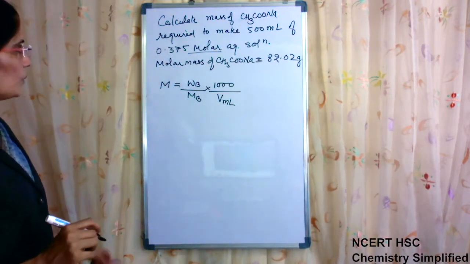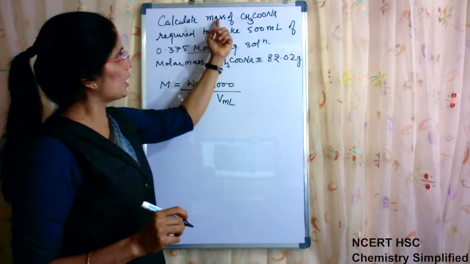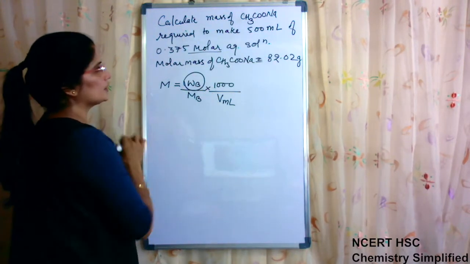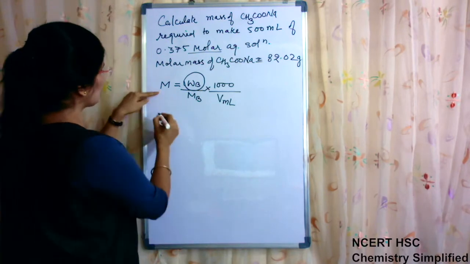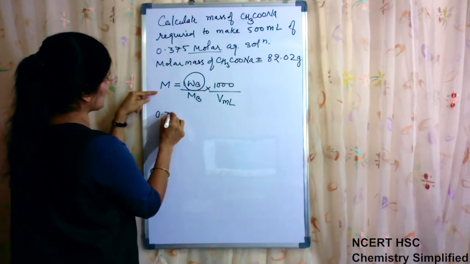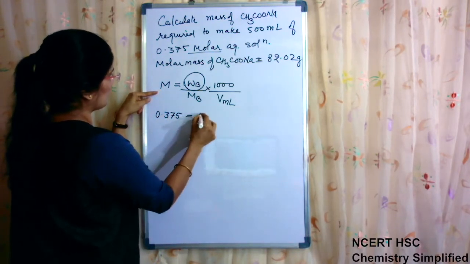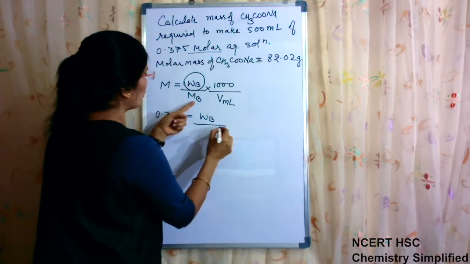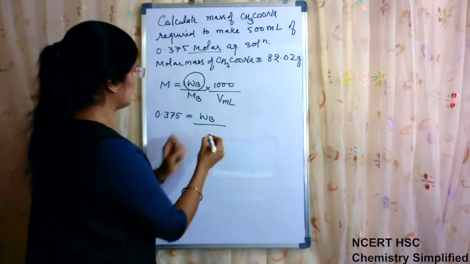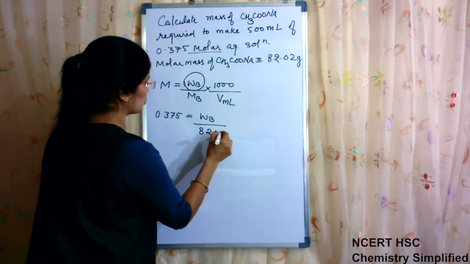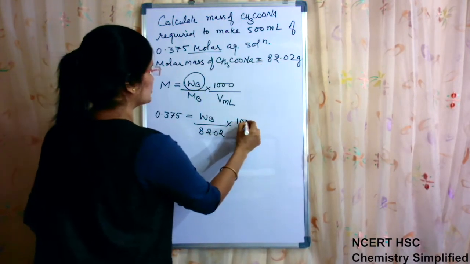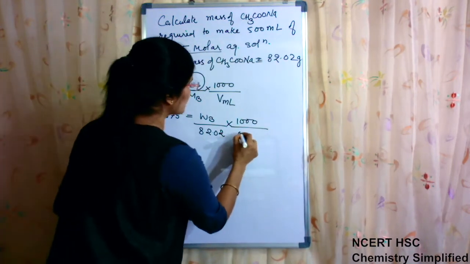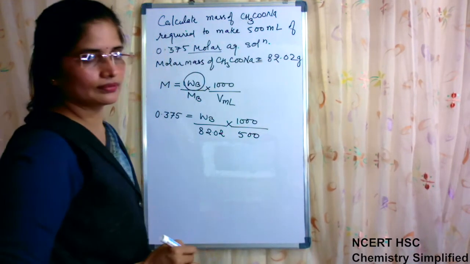Now what they are asking is the mass of sodium acetate, so we require WB. Molarity is already given, 0.375. WB, the mass of sodium acetate, we want to know. Molar mass MB is already given, 82.02. Conversion factor 1000. Volume is 500 ml.